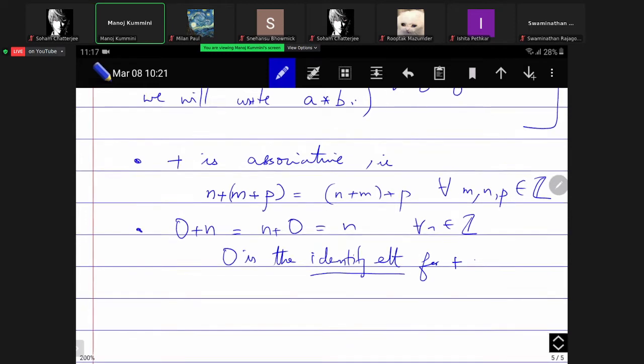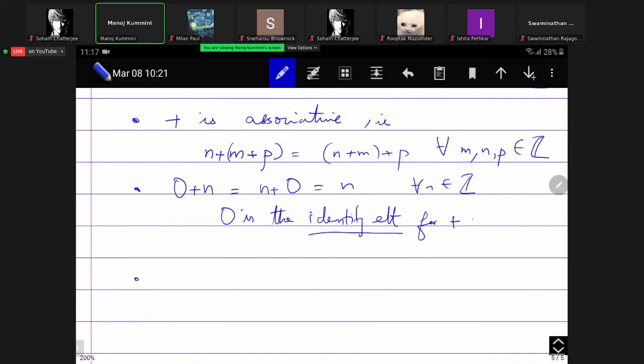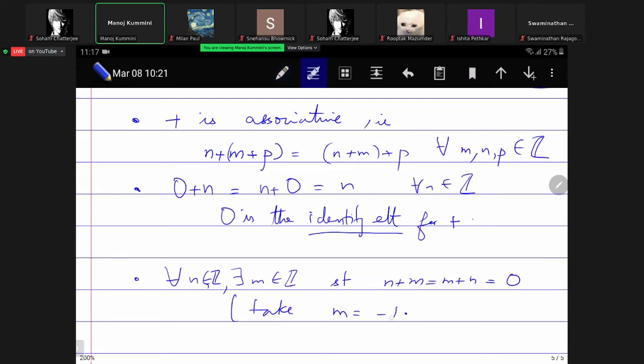And the last thing is that for every n in Z, there exists m in Z such that n plus m, same thing as m plus n, is the same as 0. Take m to be minus n.